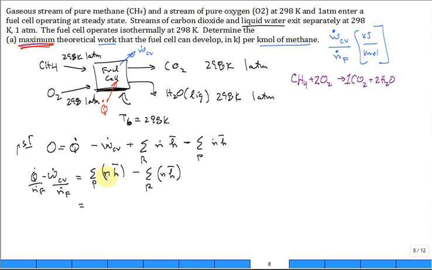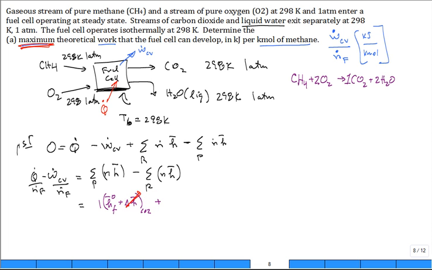So we have the stoichiometric coefficient for the CO2, which is 1, times enthalpy of formation of CO2, plus delta H bar for the CO2. Well, the change in enthalpy from the reference state, it's coming out at 298. So isn't that 0? That's true. So let's continue with this equation.